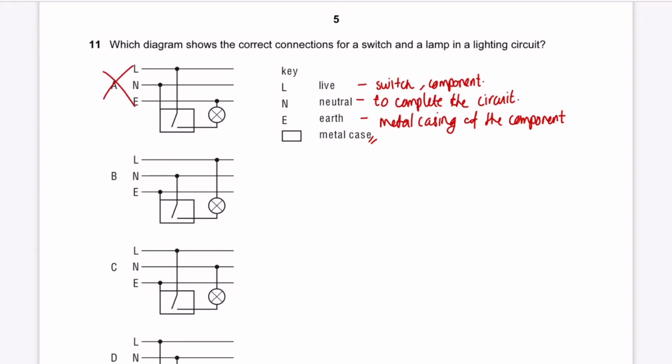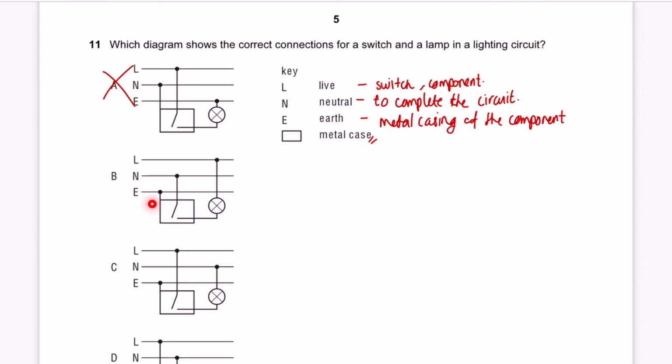Next, option B. We can see that the live wire is straight away connected to the light bulb. There's no switch beforehand, but there is after that. There's a switch after the light bulb, which is then connected to the neutral wire.